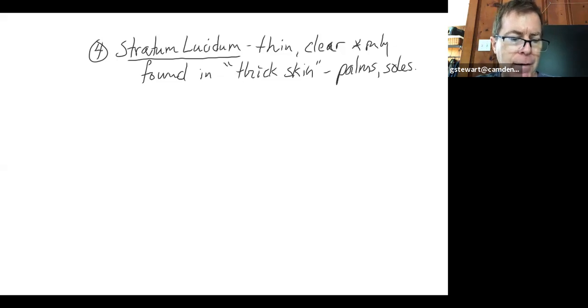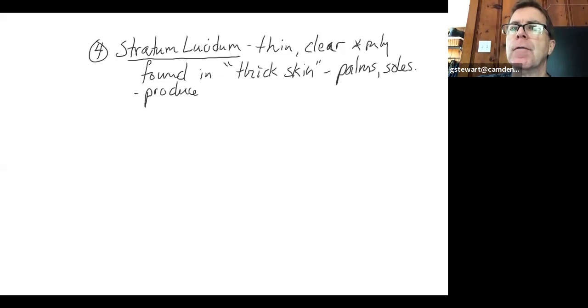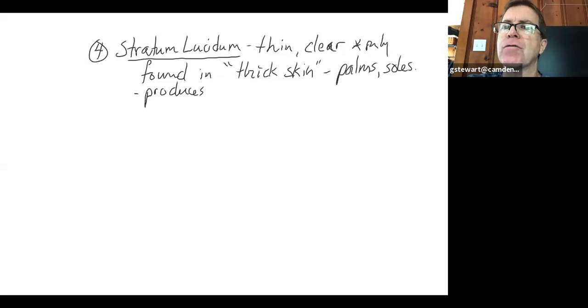And in this layer, keratohyalin granules stick to keratin filaments in cells and create a layer of intermediate filaments called tonofilaments. So this layer just produces an extra layer called tonofilaments.